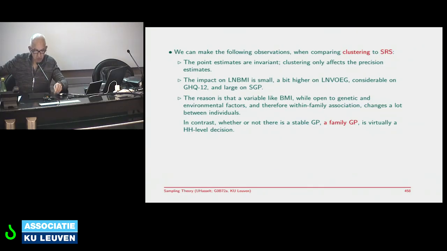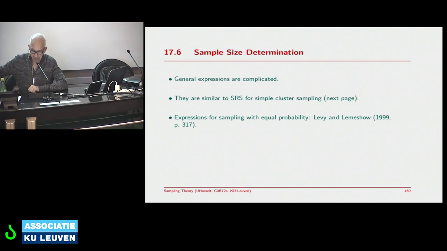So even though members of a household may cluster, that clustering may be negligible in some variables and may be very high in other variables. There is no such thing like a uniform correction for clustering. No, you need to do it variable by variable.